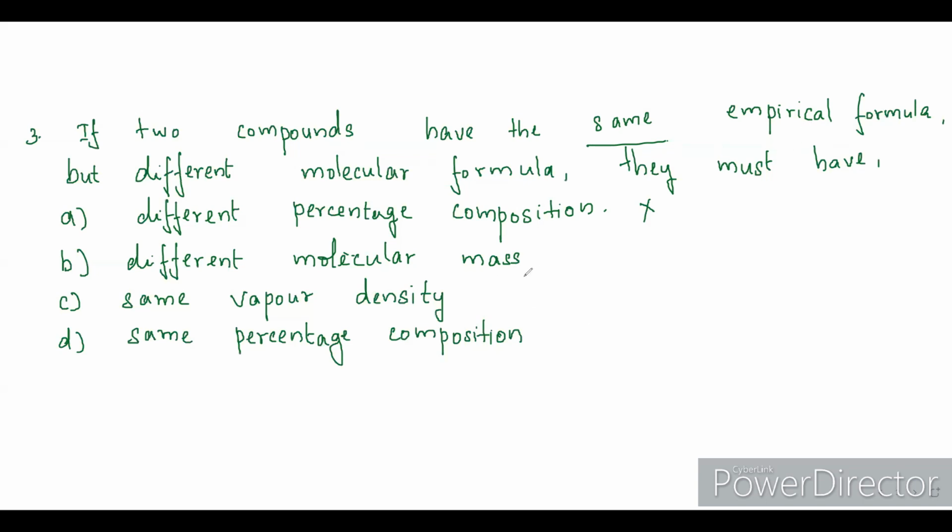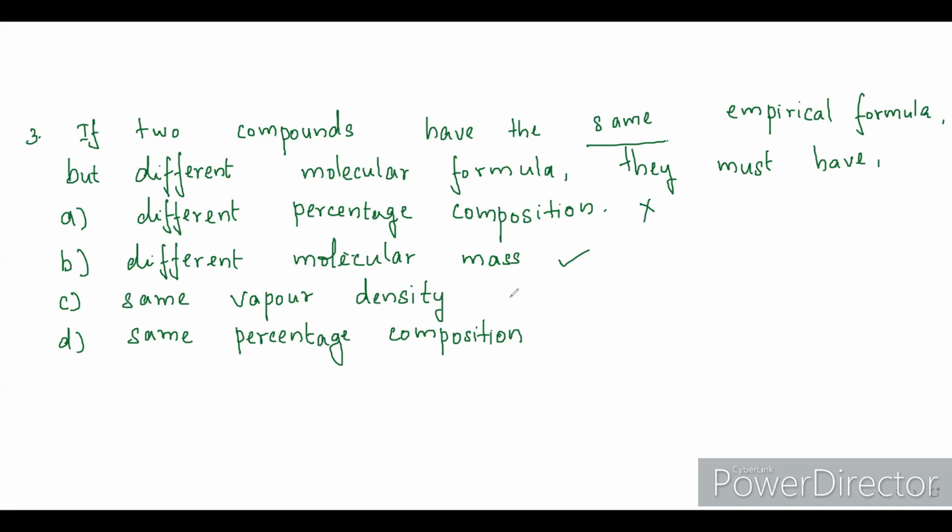Different molecular mass, that's a possibility, because different molecular mass means the integer that you calculate will be different. Integer n is molecular mass by empirical formula mass. When molecular mass is different, n value will be different. And when n is different, the molecular formula will also be different.